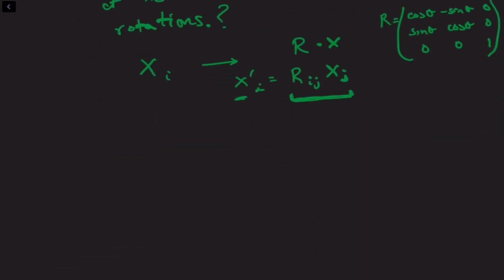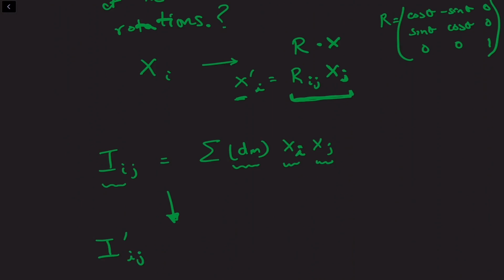So if we have I_ij, which is the summation over the mass elements of x_i x_j, now the mass elements don't transform under rotation, and that's important, because we only need to transform the x_i's. So after we make a rotation, we would get the new moment of inertia tensor I prime ij, which would be the summation over dm of x prime i x prime j.